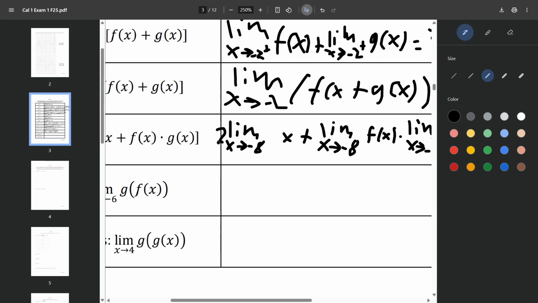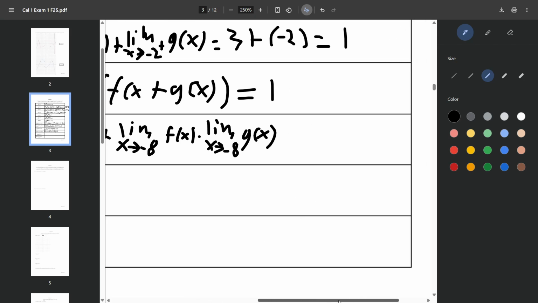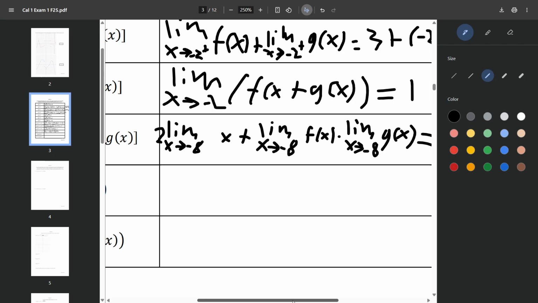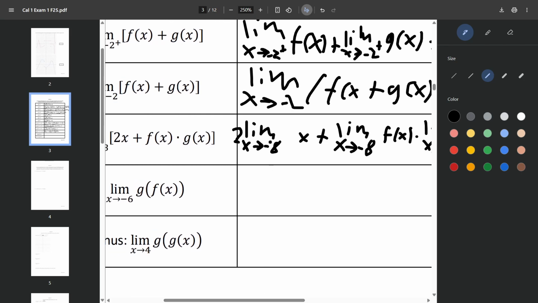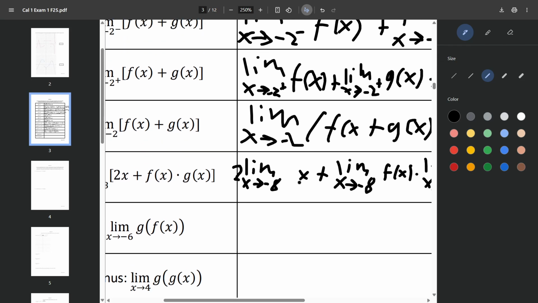So our equation will be 2 times the limit of x approaching negative 8 of x plus the limit of x approaching negative 8 of f of x times the limit of x approaching negative 8 of g of x. And so we will now find our values. We'll set up an equal sign right here. And the rule for limits applying to the first part is that we just apply what the point is for x.